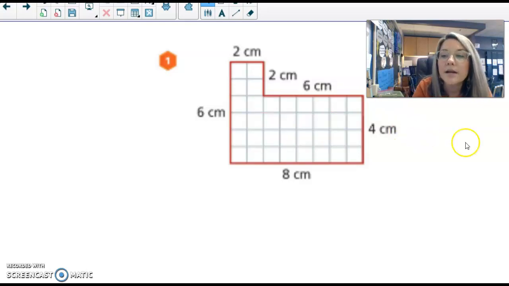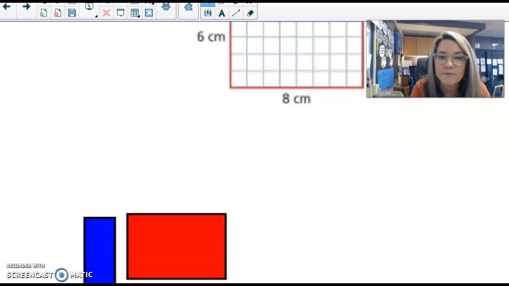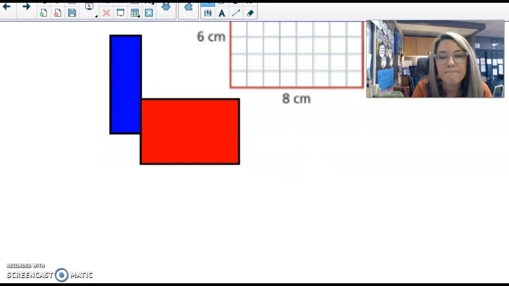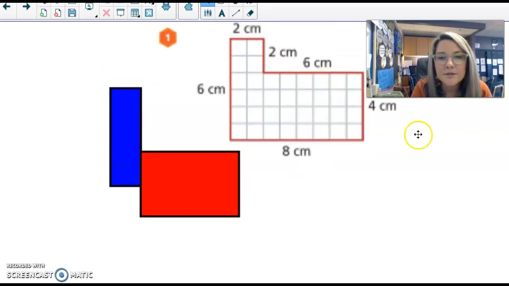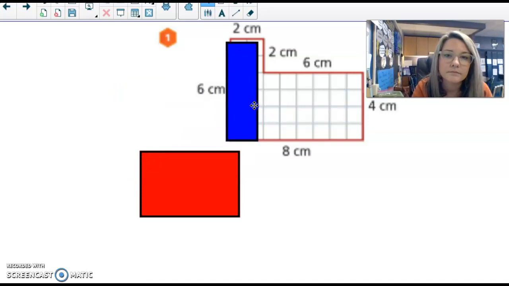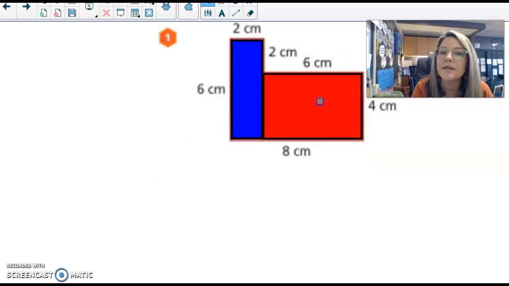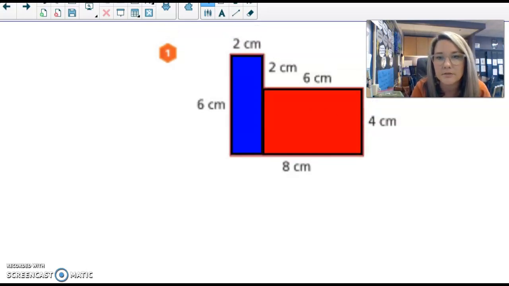Okay, so what I'm going to do is I'm actually going to break this rectilinear shape into two different rectangles, two smaller rectangles. Okay. So if I do that, it makes it a little bit easier to see the dimensions of the rectangles.